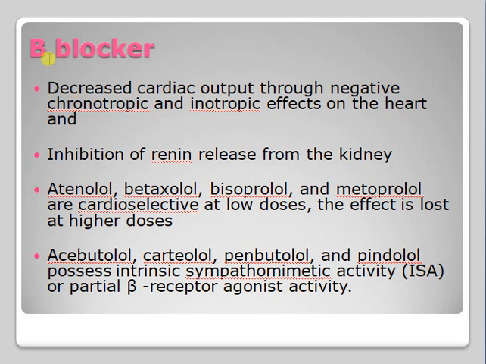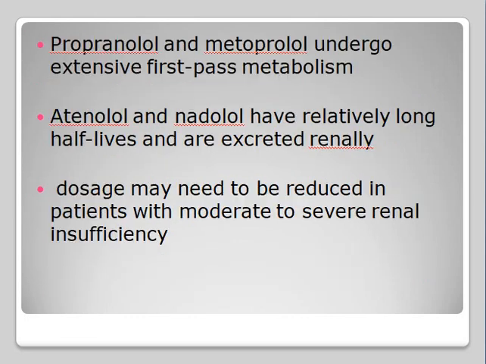From one side we are blocking the beta receptor and thereby producing relaxation, and here due to intrinsic sympathetic activity, they are raising the tone of contraction, and due to that the effect gets neutralized and we are not getting any beneficial outcomes. So we have to consider this point, and remember the examples of drugs, that is acebutolol, carteolol, then penbutolol and pindolol. These are the drugs which have intrinsic sympathetic activity.